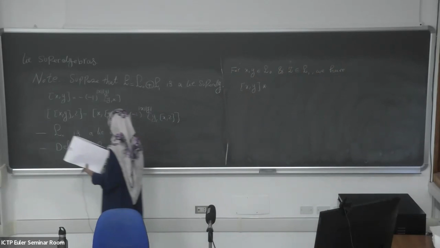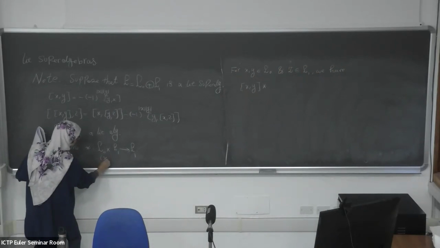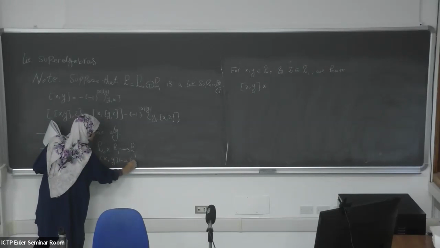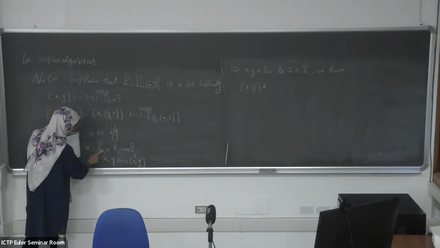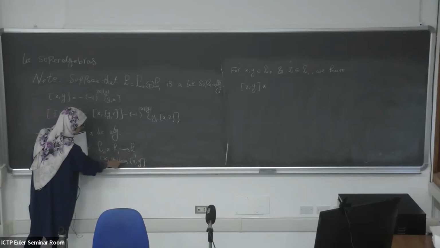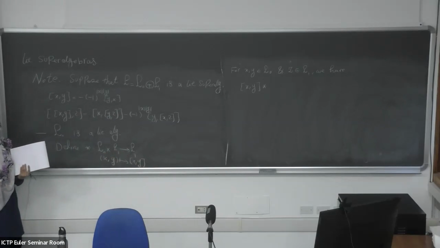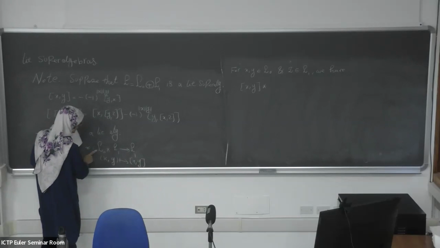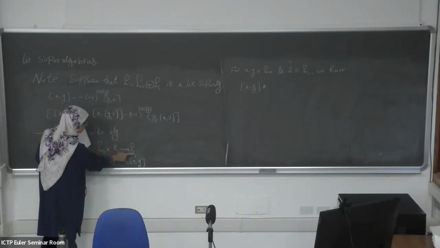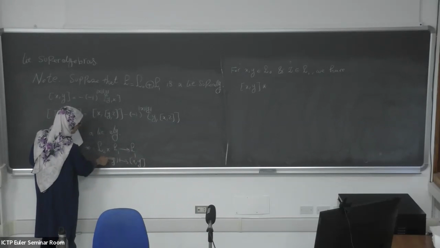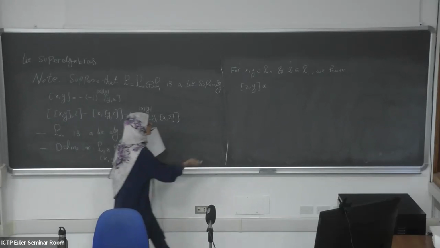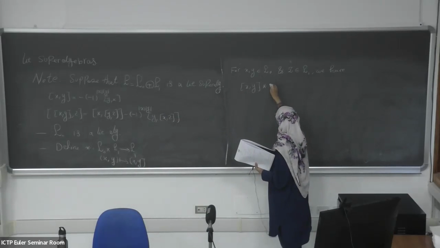I didn't define this. It maps x, y just to the bracket of x, y. And it is a map from L0 times L1 to L1, because you remember we have a superalgebra and the bracket of L0, L1 is a subset of L1. So it is really a map from L0 times L1 to L1. So we get an element of L1 when x is an element of L0 and y is an element of L1.